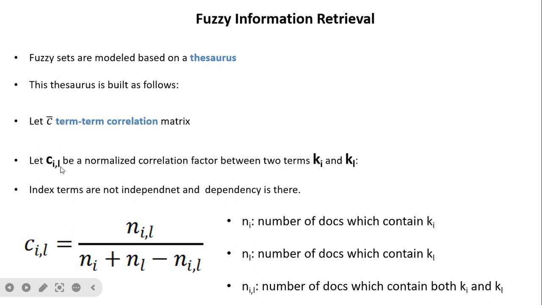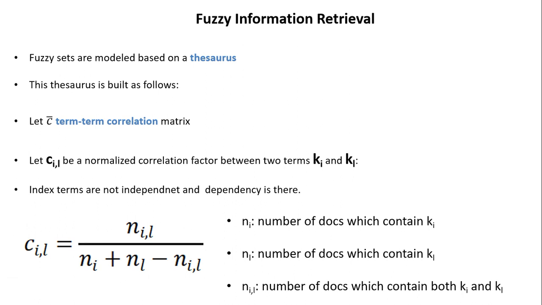Now first we are finding out the term-term correlation matrix. It is represented by Cil = nil divided by ni plus nl minus nil. So here in the numerator we are taking the intersection operation, and in the denominator we are taking the union operation.